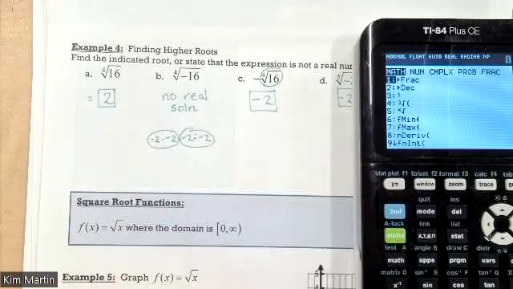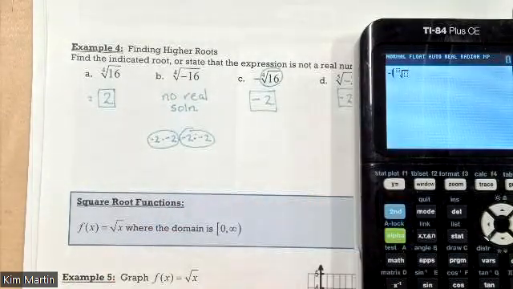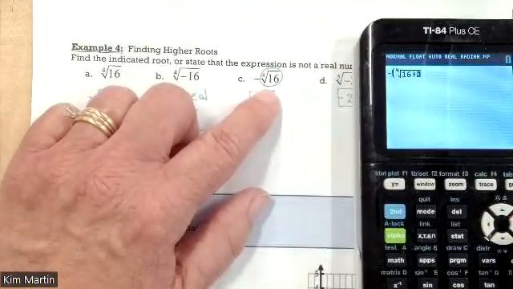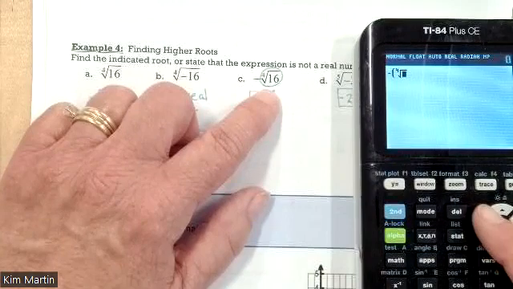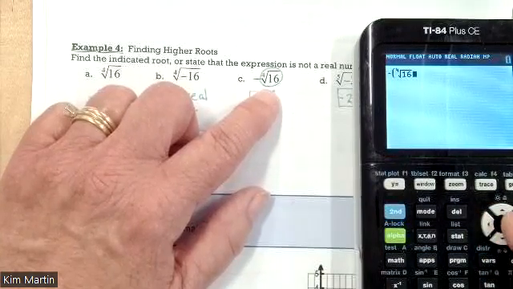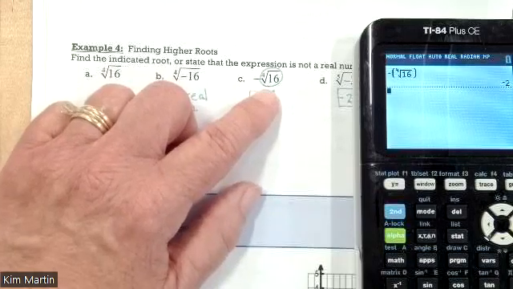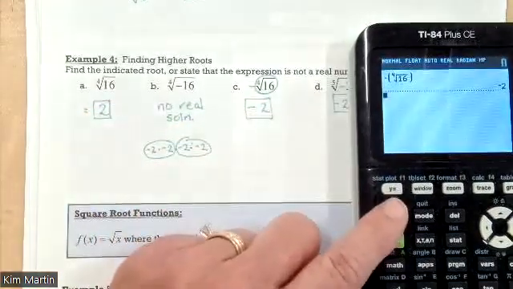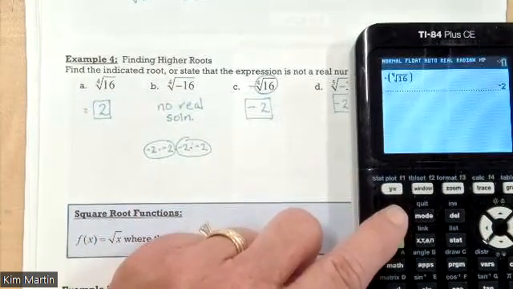Math. See, I don't even use the calculators for this because it's just easier for me to do it without it. Okay. Oops. 16, then parentheses, and it gives us that -2. But again, you had to know how to do it. Like Jack did it like this.